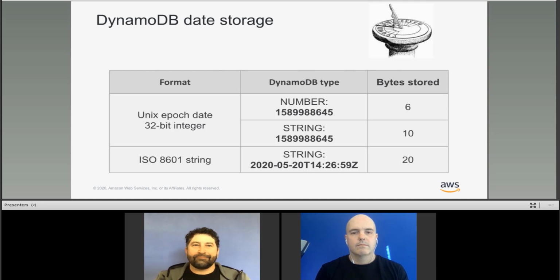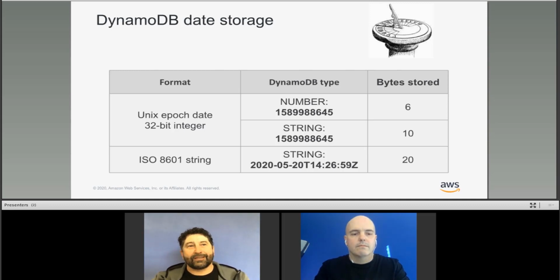And that doesn't sound like much, but some of these use cases that we're seeing customers with have billions and billions of items in a single table. So if you can imagine, this will add up, and perhaps we might have chosen instead to store it as an epoch timestamp or an epoch date, which will be this number format that we see, and we could store that number either as a string or a number.